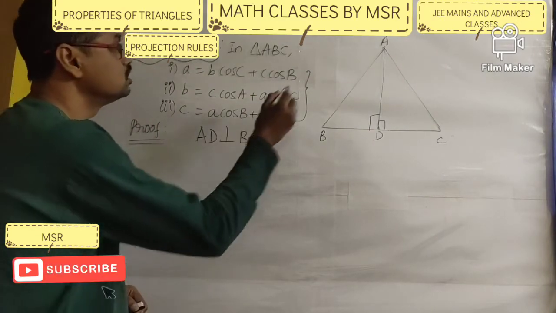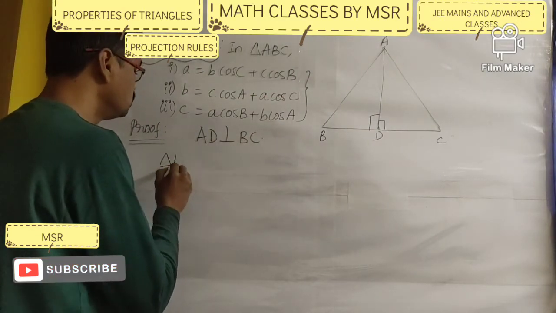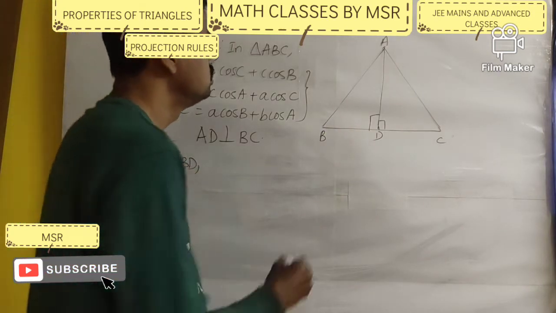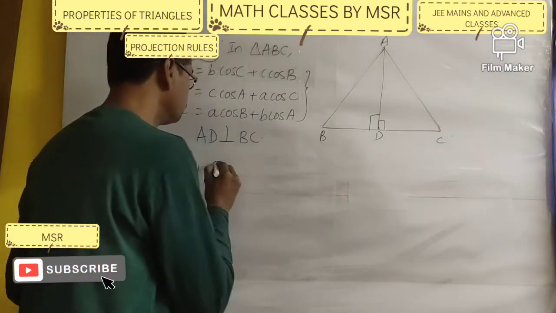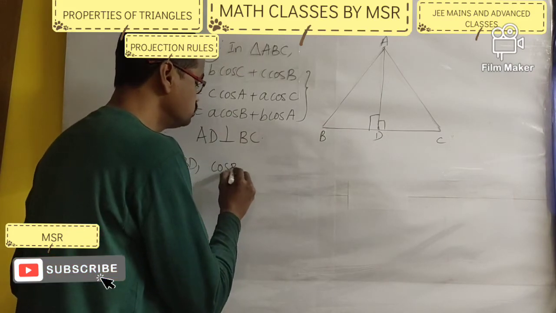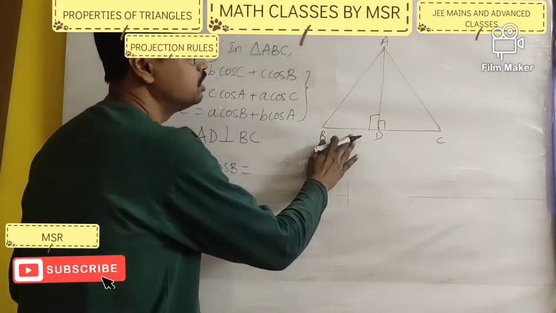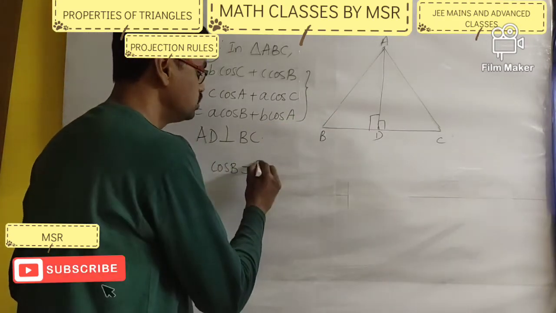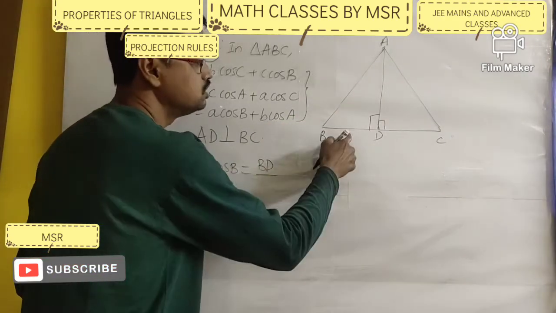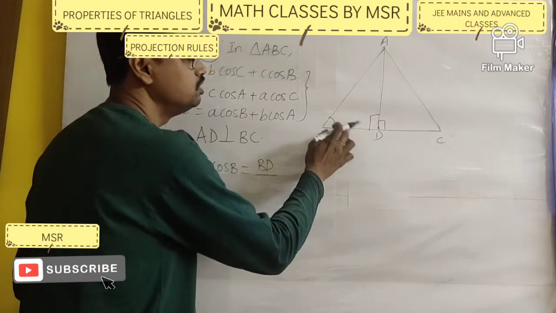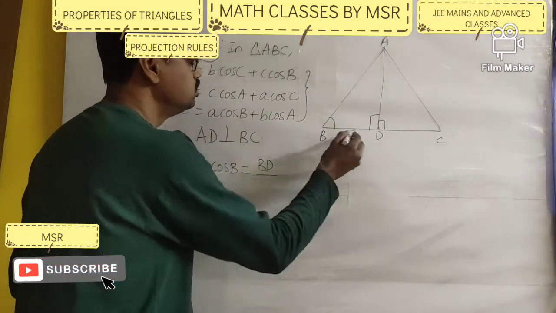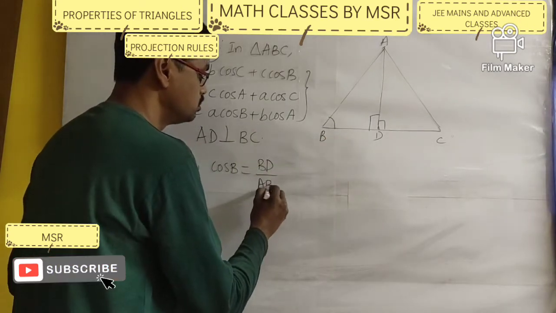Take the triangle ABD. In triangle ABD, consider cos B. Cos B is equal to adjacent side by hypotenuse. That is BD by AB, where BD is the adjacent side for angle B and AB is the hypotenuse.